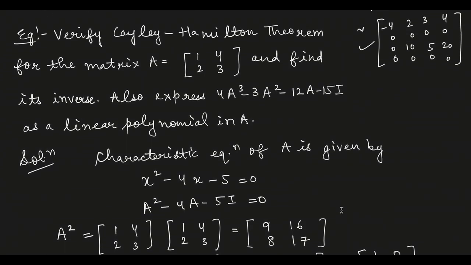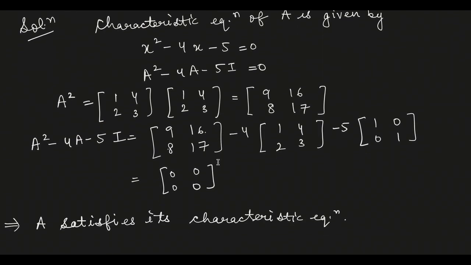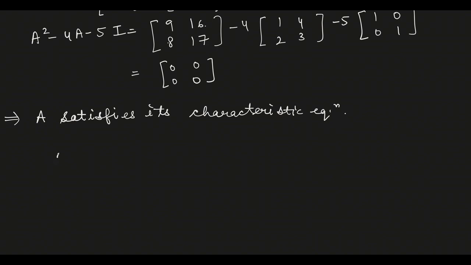Now I need to write this as a linear polynomial, so I will use this characteristic equation only. A^2 - 4A - 5I = 0, so A^2 - 4A = 5I. I am writing like this.